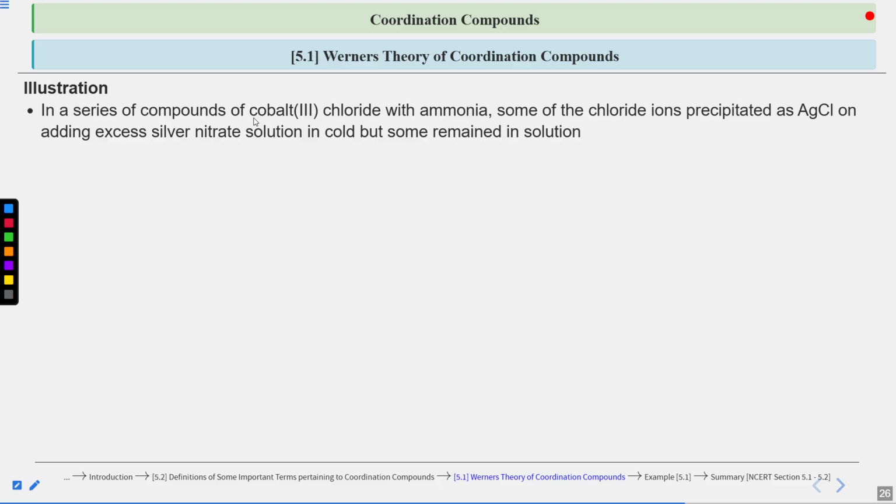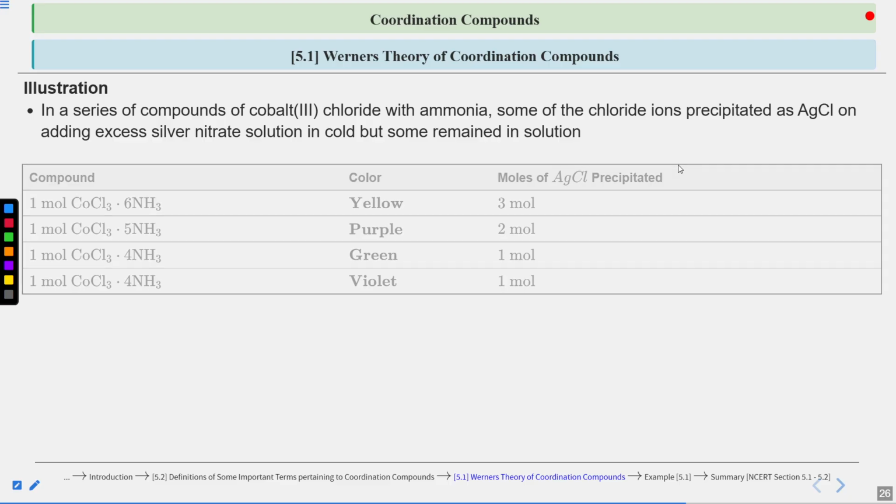In a series of compounds of cobalt chloride with ammonia, some of the chloride ions are precipitated as AgCl when you add excess silver nitrate solution in the cold, but in other cases some remain in the solution.